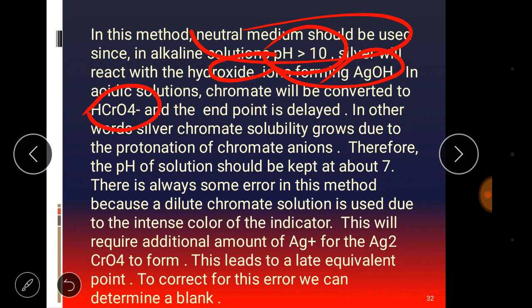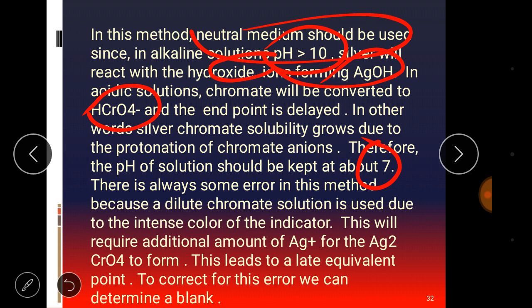So to avoid forming silver hydroxide or HCrO4 minus, a neutral medium is desirable in Mohr's method. The pH of the solution should be kept at 7.